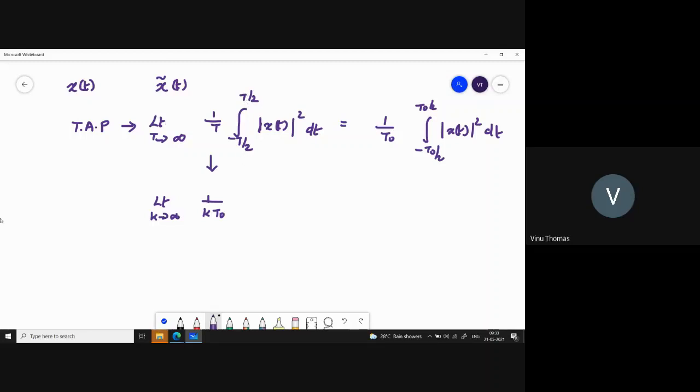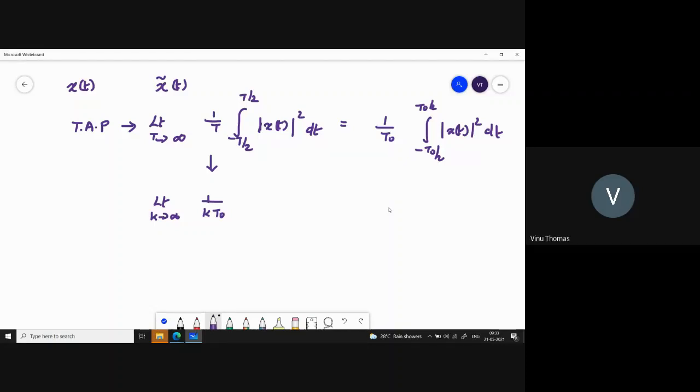Since the signal is periodic, if you take the area under the function from, let us say, 0 to T, that will be the same area as the area under the function from T to 2T. That will be the same area under the function from, let us say, mT to (m+1)T. So you can take any value.